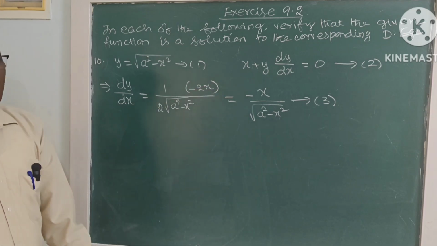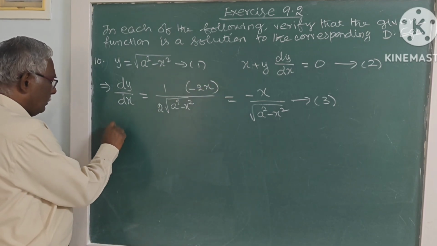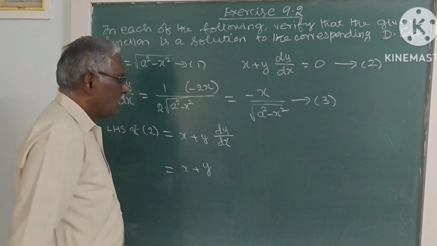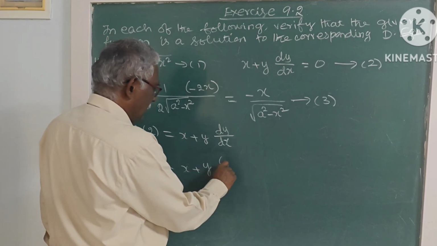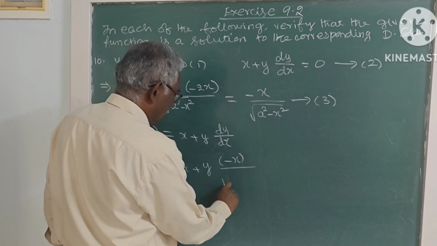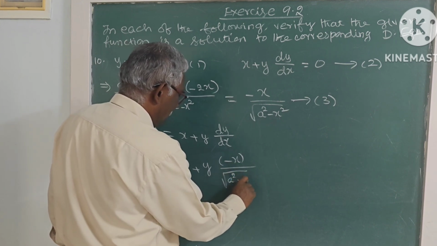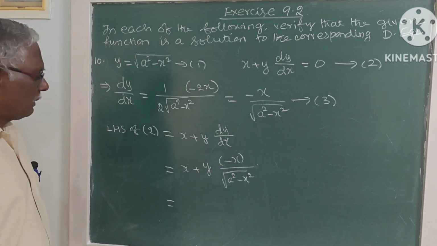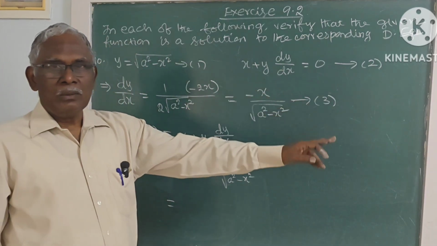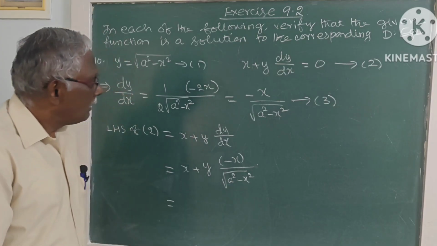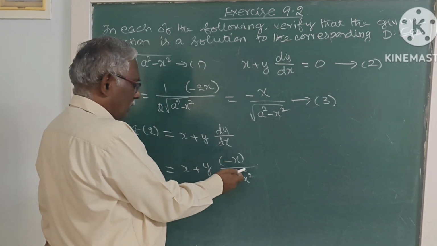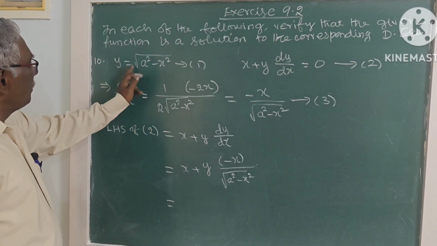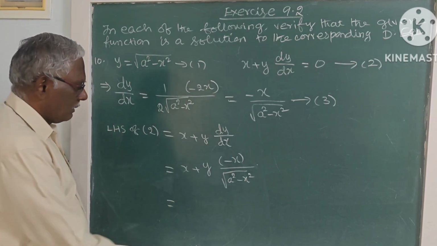Now take the left hand side of equation 2. For dy by dx, substitute the value minus x by square root of a square minus x square. But we know that square root of a square minus x square is nothing but y from equation 1.